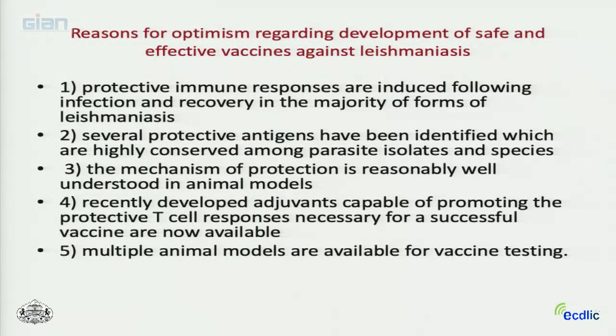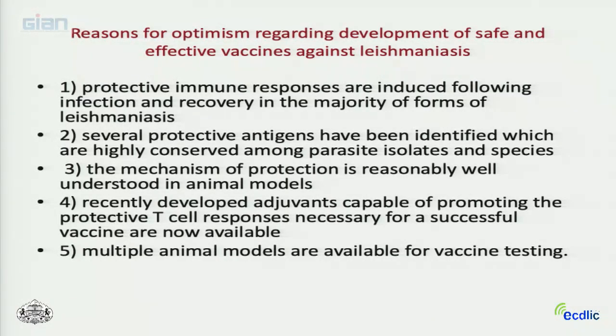And these are the reasons for optimism regarding the development of a safe and effective vaccine against at least cutaneous leishmaniasis. The protective immune responses are induced following infection and recovery in the majority of forms of at least cutaneous leishmaniasis. And several protective antigens have been identified, and they're highly conserved among parasite isolates and species. There's not a lot of strain variability that prevents, you know, vaccines against things like malaria or African trypanosomes.